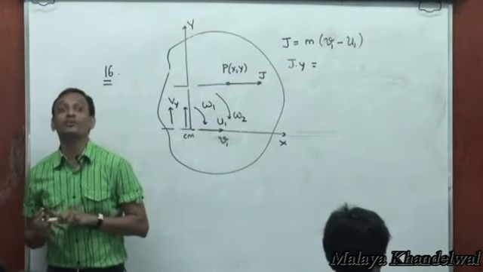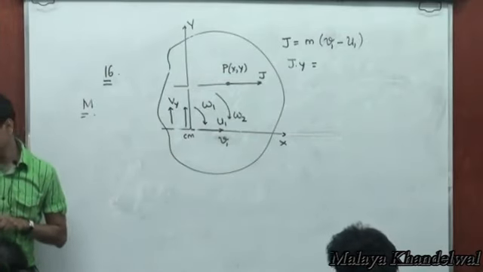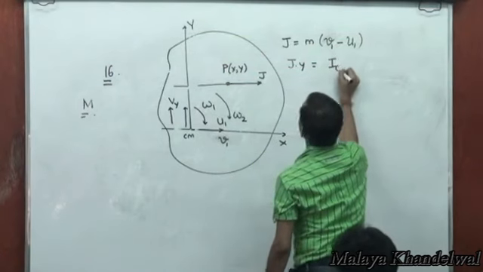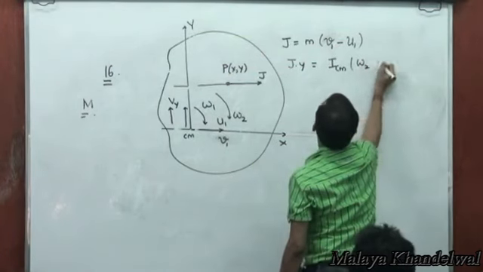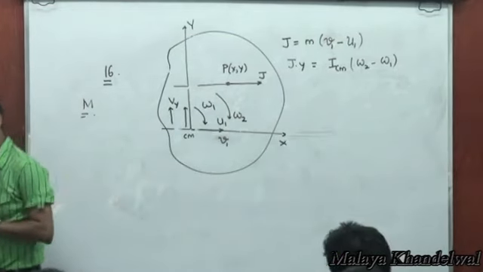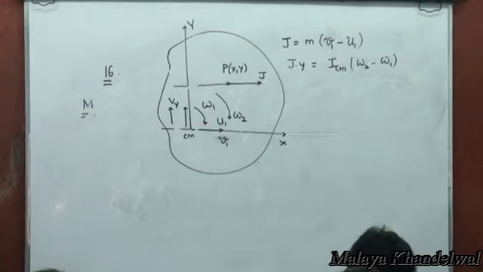It is the change in angular momentum about the center of mass. So that's ICM into (omega 2 minus omega 1). Angular impulse about the center of mass is J into y. That's the change in angular momentum about the center of mass, which is ICM into (omega 2 minus omega 1).